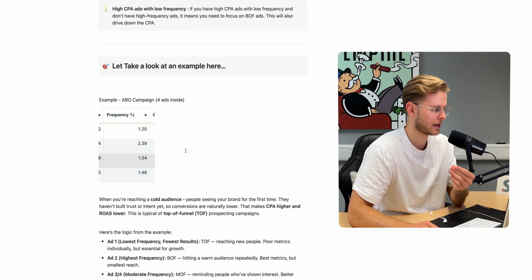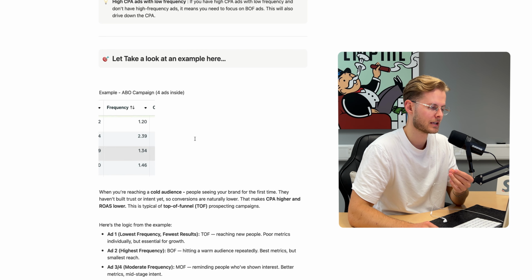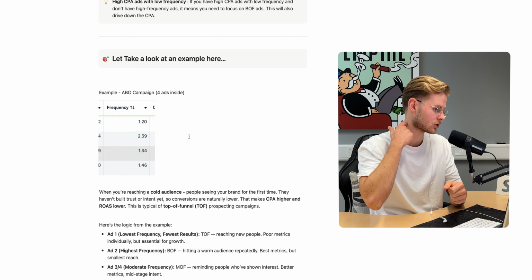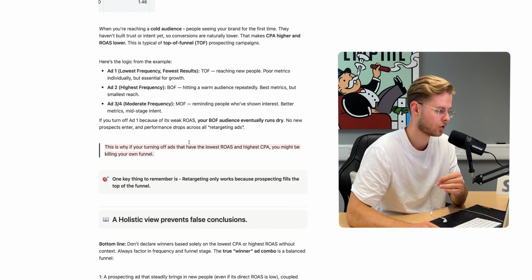If you base this off short-term data as well, and you cut off that top ad, it's going to affect the cold audiences that you're bringing in. And that's how you can actually kill some of your campaigns. If you're up in spend and you're trying to reach net new audiences, the CPA on that is going to be higher, the ROAS is going to be lower, and you need those top of funnel campaigns to funnel these to the bottom of funnel audience.